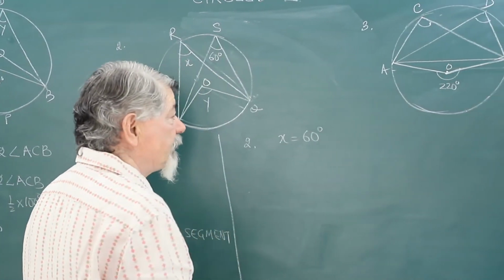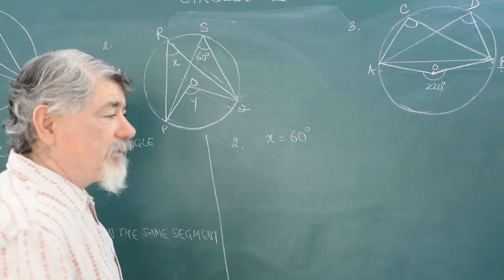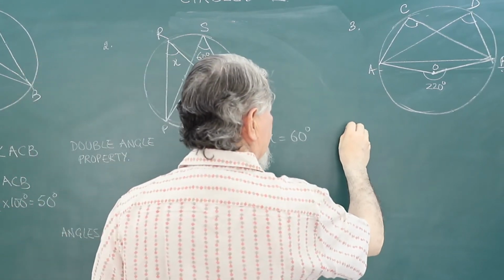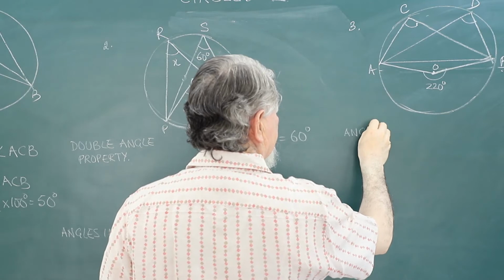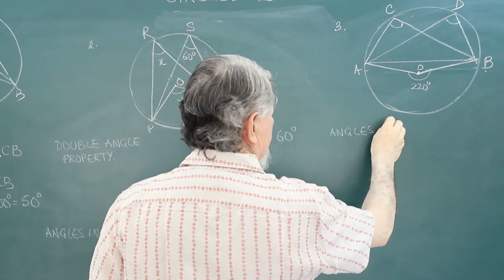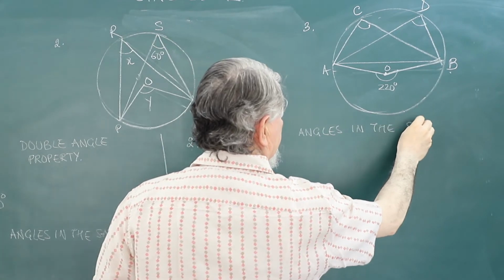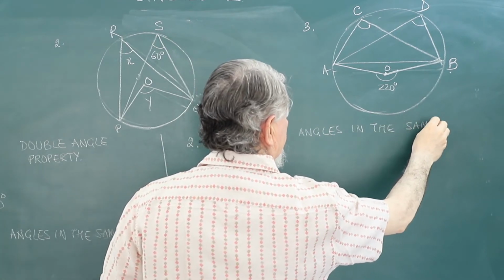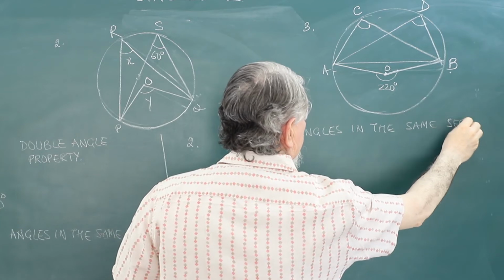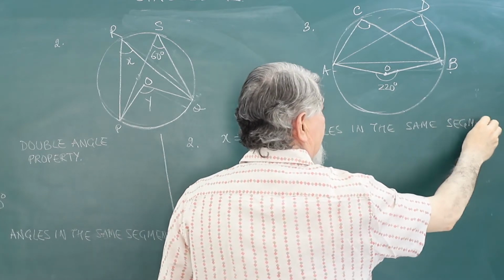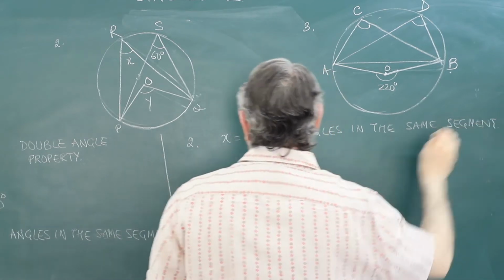Why? Angles in the same segment. They are angles in the same segment. Angles in the same segment of a circle are equal.